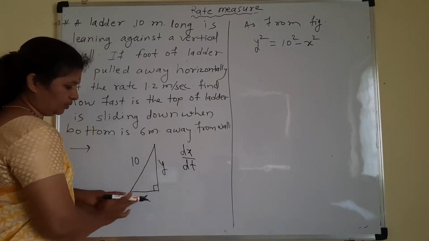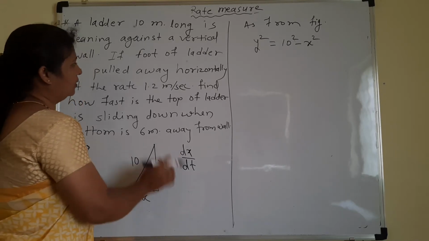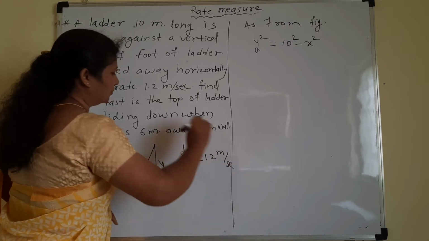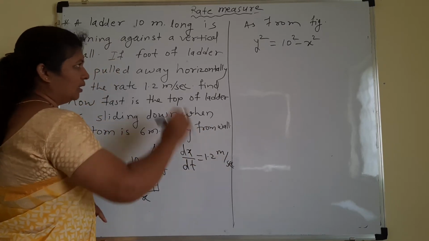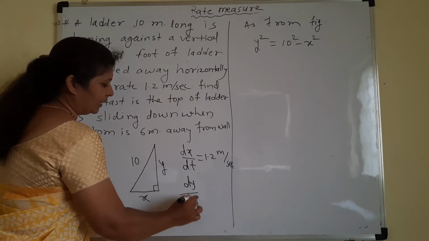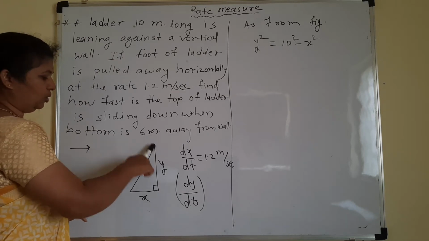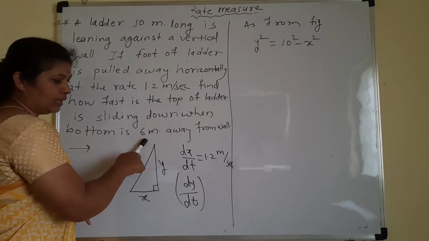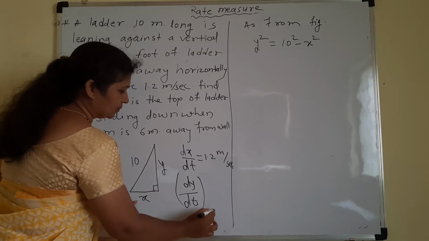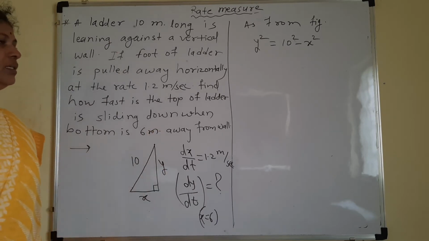The bottom foot of the ladder is pulled away at the rate of 1.2 meters per second. And we have to find dy by dt. When we have to find this? We have to find when the foot is away from the wall at 6 meters. So x is equal to 6. Okay, these are the things in front of us.